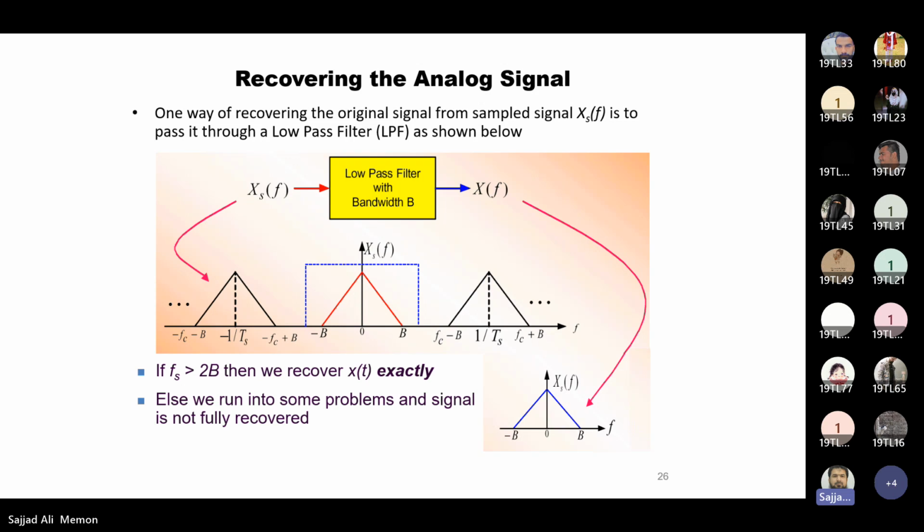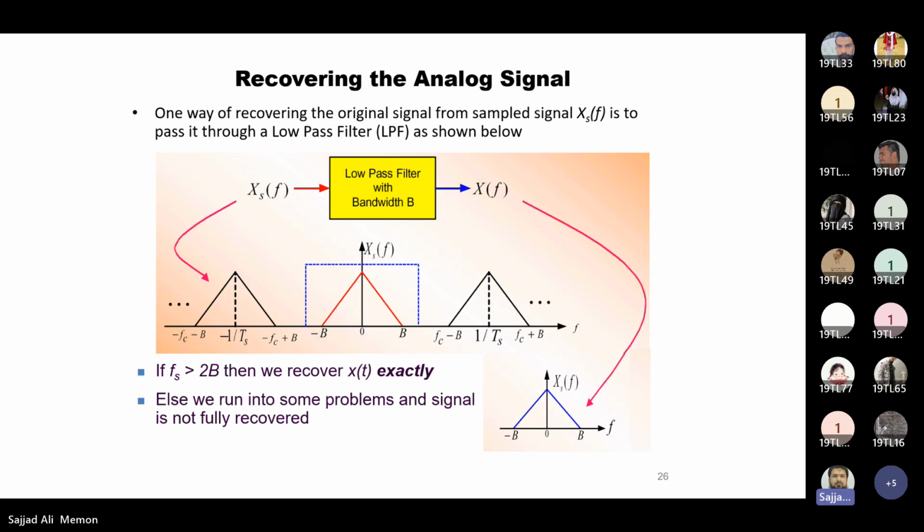They are spaced at different frequencies, from minus B to B, and fc minus B to fc plus B, and minus fc minus B to minus fc plus B, and so on. They will keep continuing. So we use a low pass filter that will filter out only the bandwidth that we are looking for. In this case, it is from minus B to B.